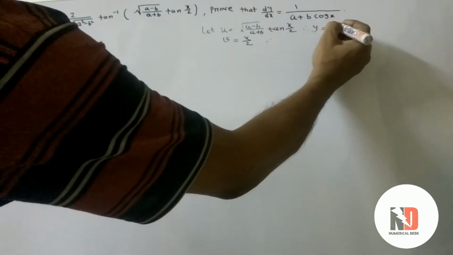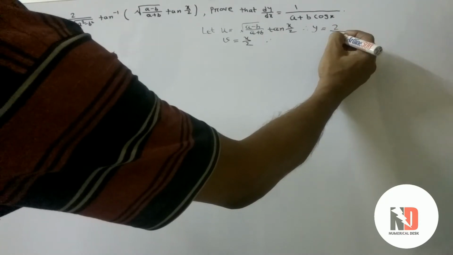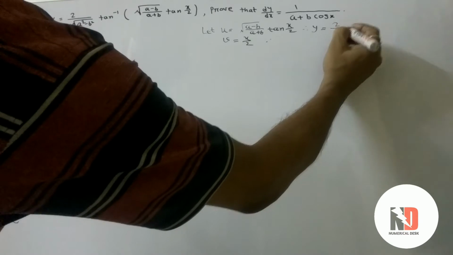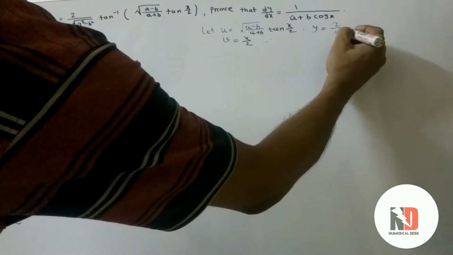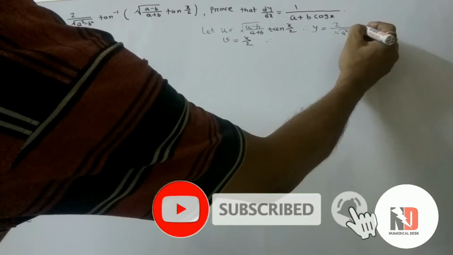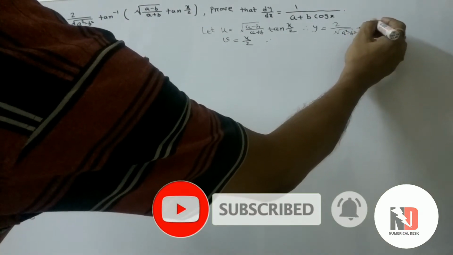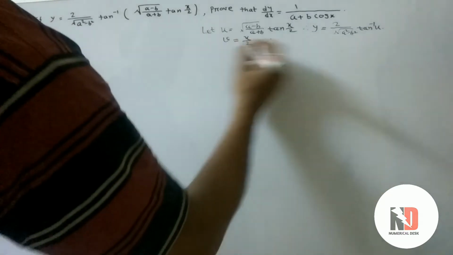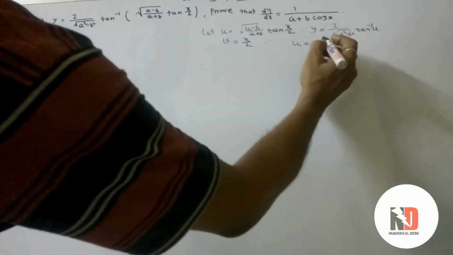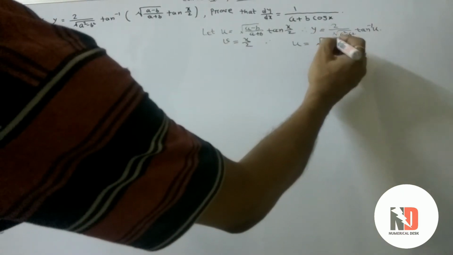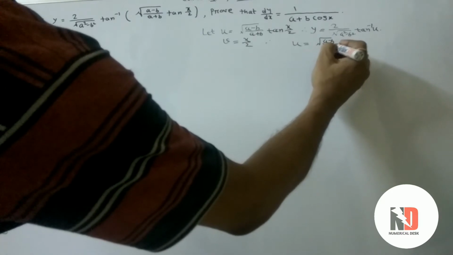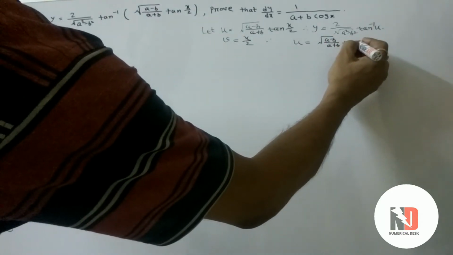More practice enables the student to do it mentally. After 10 to 20 to 30 sums that they do ceaselessly, they will be able. So see what is going on. y equal to 2 by root over a square minus b square, constant, so tan inverse u, and u equal to root over a minus b by a plus b tan v, because v is x by 2.